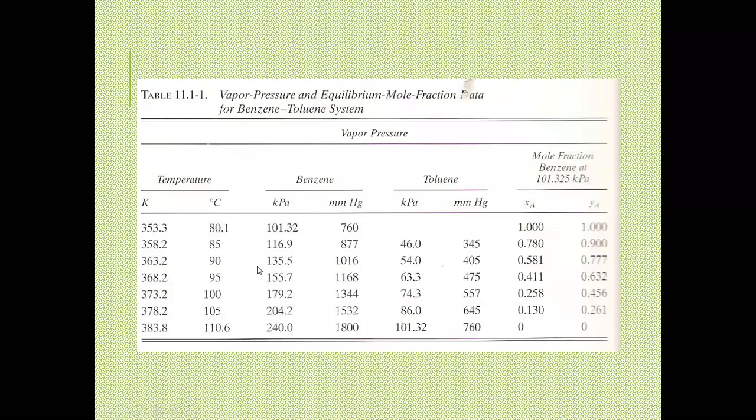What will you do? Anyone? Given the table, what will you do? Or you have your handbook with you, and the temperature that is given in the problem is not the temperature that you see here in the first column or in the second column. If it's in Kelvin, what will you do?